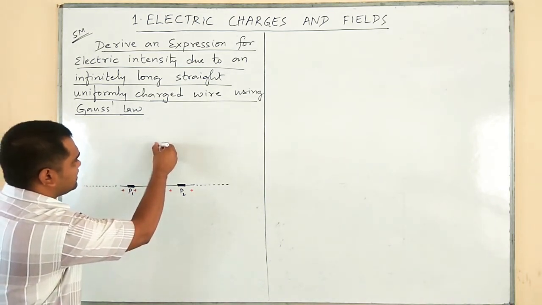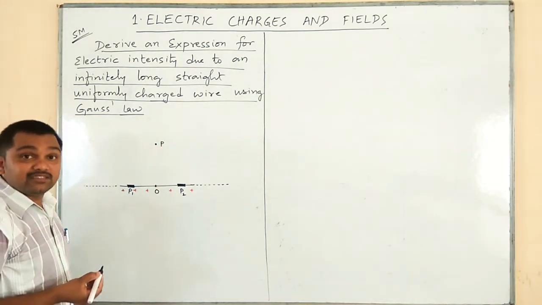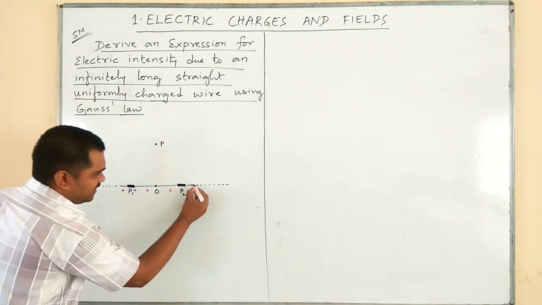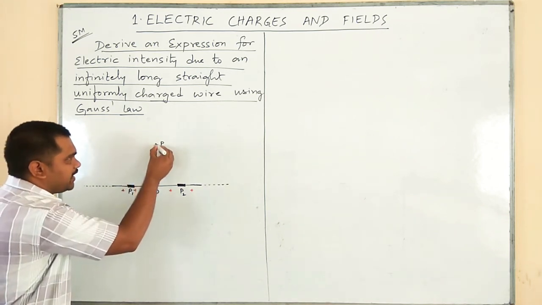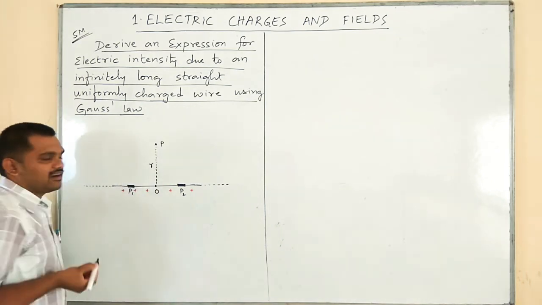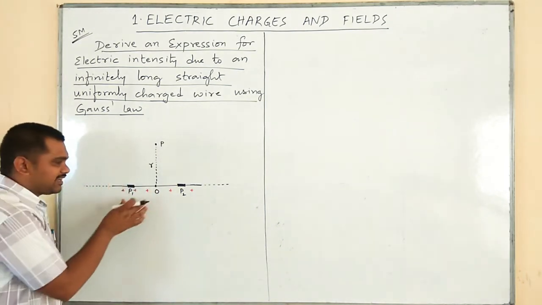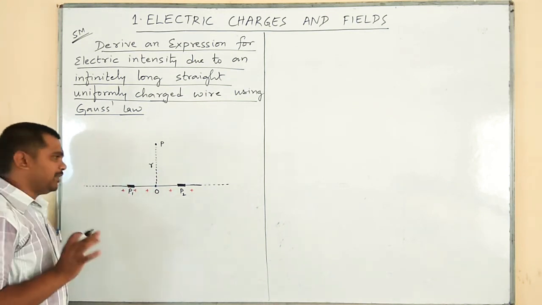Now, let us consider a point P, where we want to find the electric intensity due to this infinitely long wire. For example, P is at a distance of some small r from this midpoint. Here, this line OP acts as the perpendicular bisector for this line P1, P2.